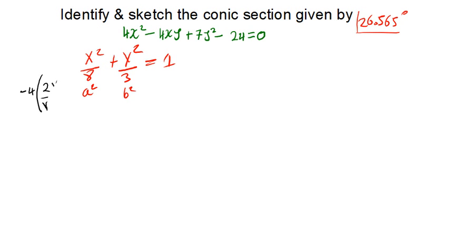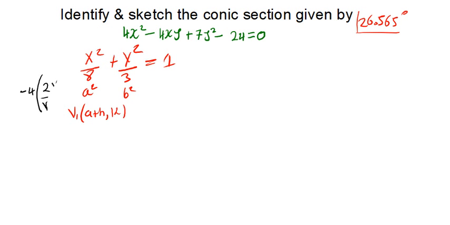So I have to find my vertices. Let me say v1. Since I'm on the x-axis, v1 is supposed to be h plus a comma k.